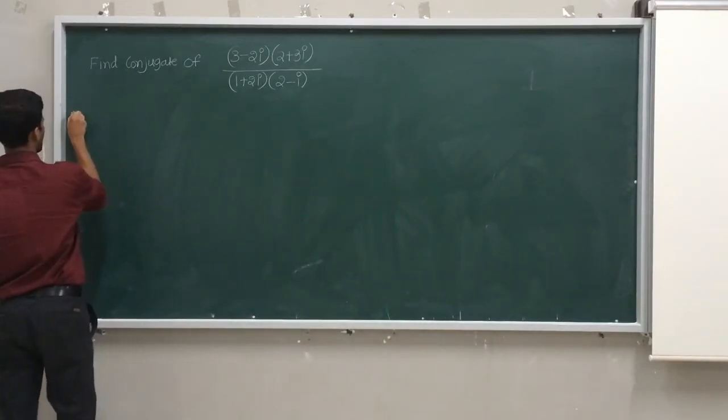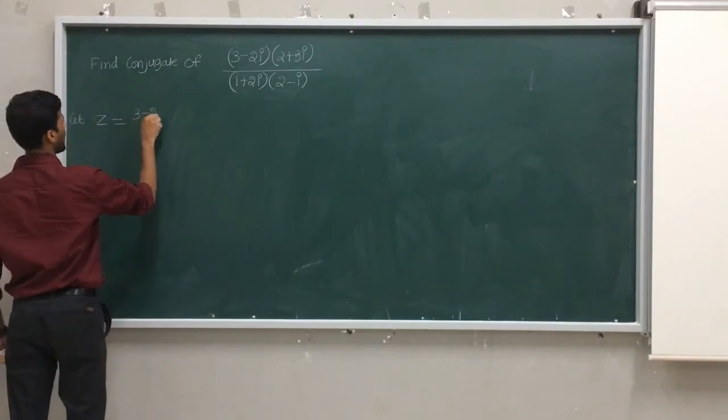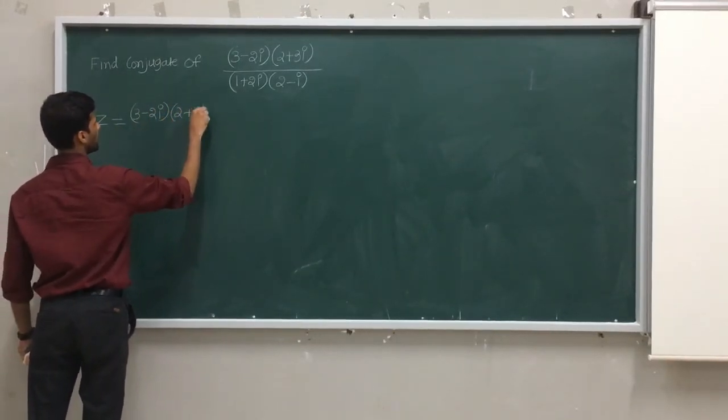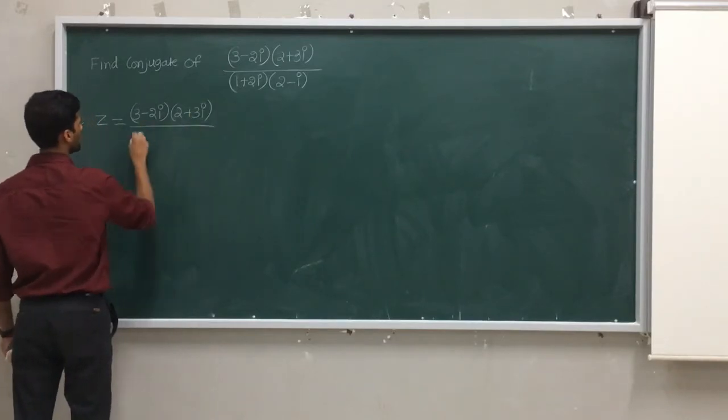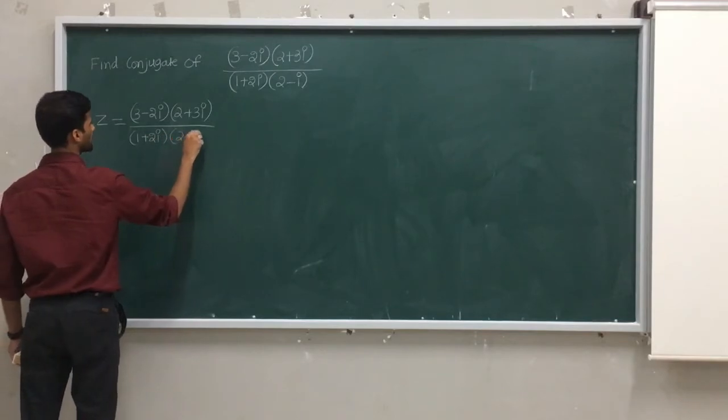So I will write, let z is equal to (3 minus 2i) into (2 plus 3i), divided by (1 plus 2i) into (2 minus i).